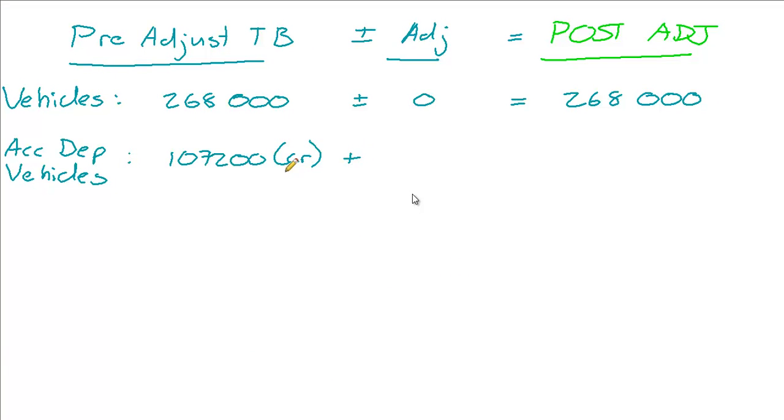Since it's also on the credit side, it's going to be a plus. If it was on the debit side, the adjustment would be a minus, because the original balance was a credit. If we put another credit, the original balance is going to increase. If we put a debit, the original balance is going to decrease. So we say plus my adjustment of 32,160, which is also a credit.